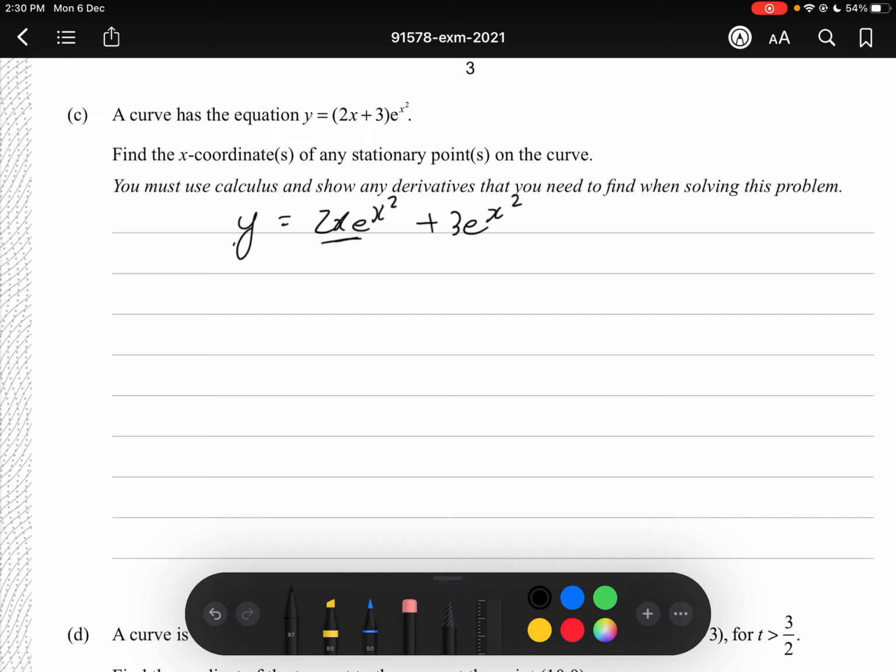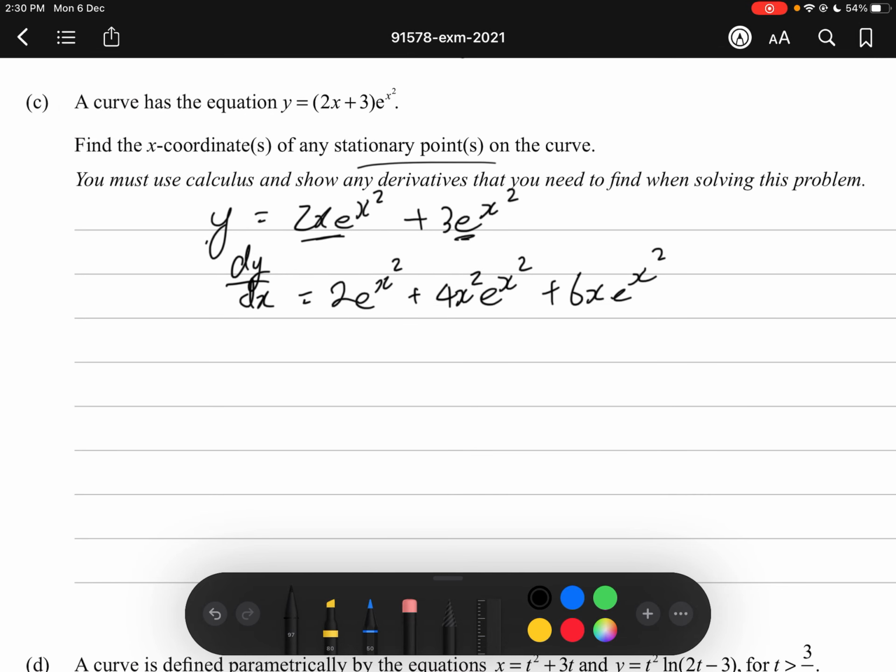For this first term, we're going to use the product rule to differentiate, and for the second part, we can just differentiate as normal. So dy over dx equals 2 times e to the power of x squared plus 4x squared times e to the power of x squared plus the derivative of 3e to the power of x squared, which is just plus 6x e to the power of x squared.